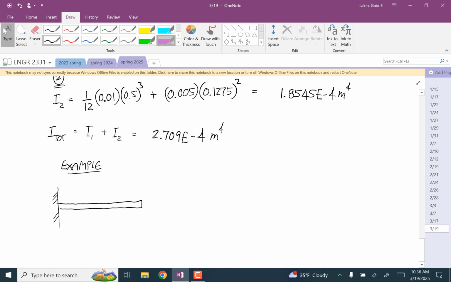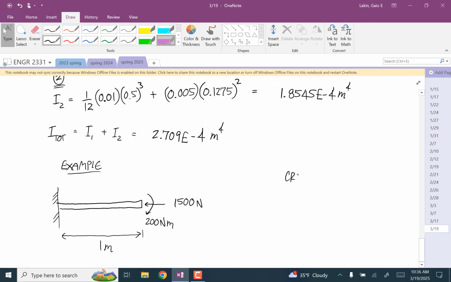And we're ignoring the weight. This has a length of 1 meter. And let's say there's a 1,500 Newton force this way and an external couple of 200 Newton meters that way.